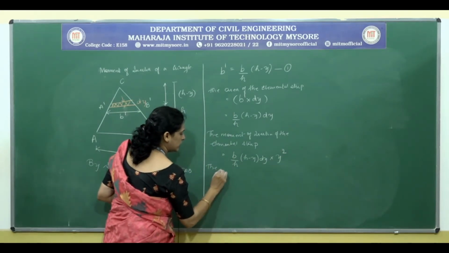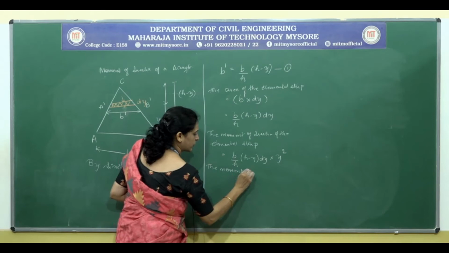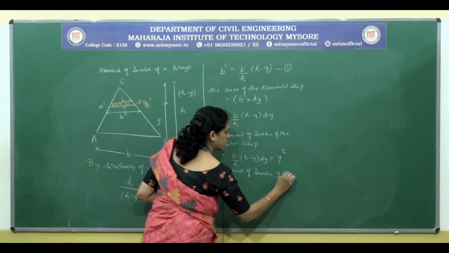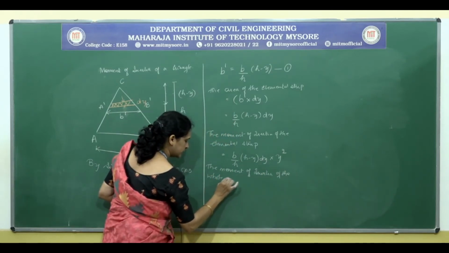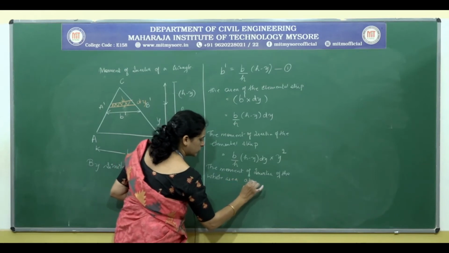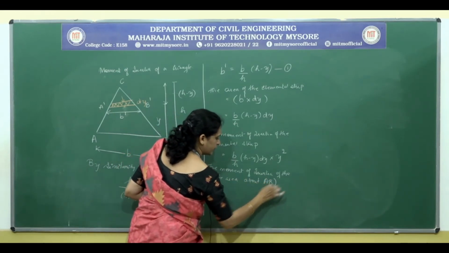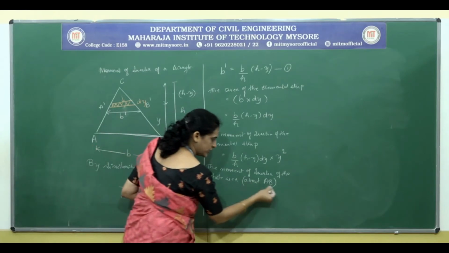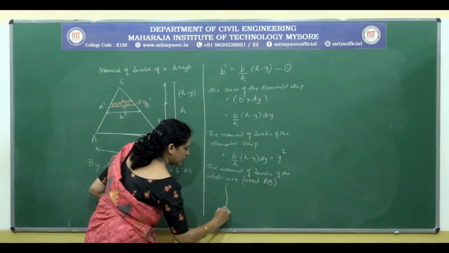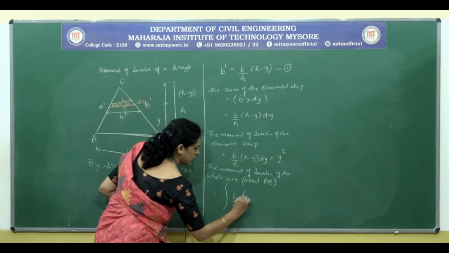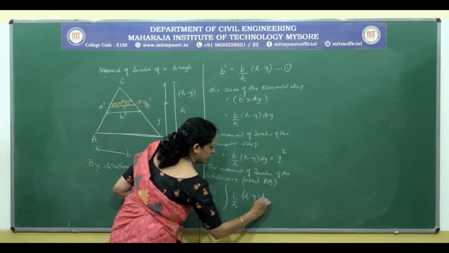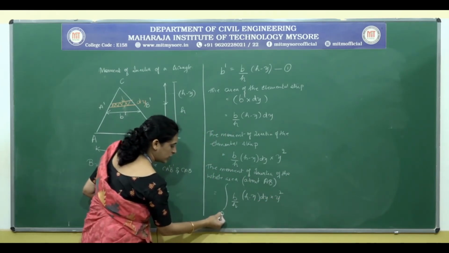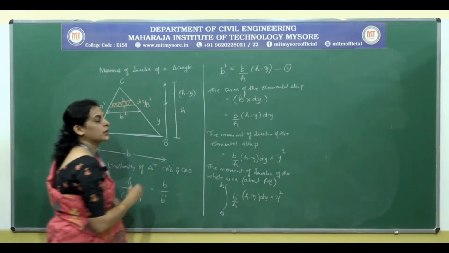So now the moment of inertia of the whole area about AB. So we have considered this as the reference, so we have written it here as about AB. We get B by h into h minus y dy into y square. We have to integrate that upon the limits of 0 to h.